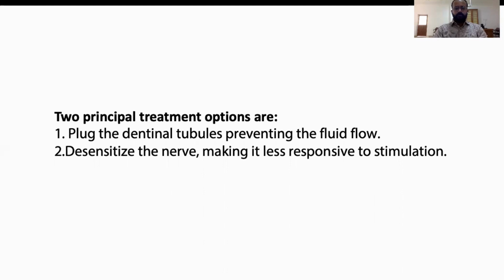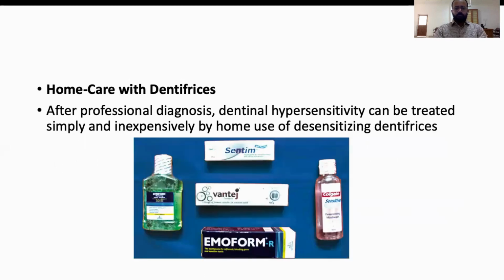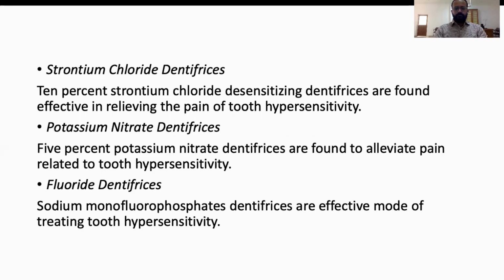Two principal treatment options are available. First, to plug the dentinal tubules, preventing the flow. Second, to desensitize the nerve, making it less responsive to stimulus. Home dental devices. After proper diagnosis, dental hypersensitivity can be treated simply by inexpensive home use of desensitizing dentifrices. These dentifrices contain stannous fluoride, that is 10% stannous fluoride, and are found effective in relieving the pain of tooth hypersensitivity.